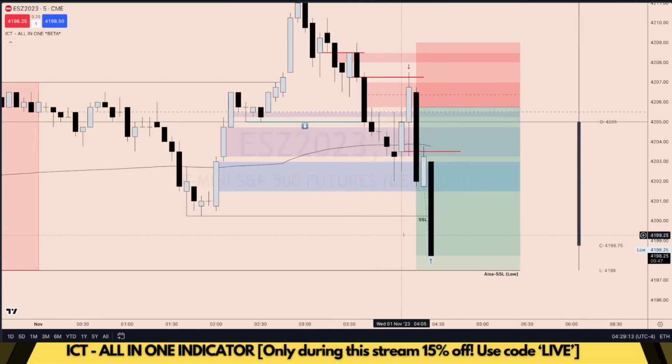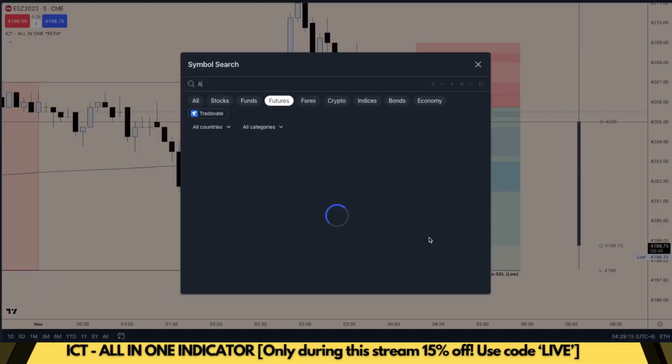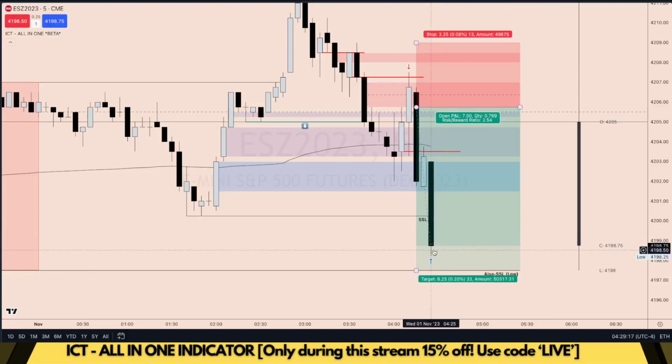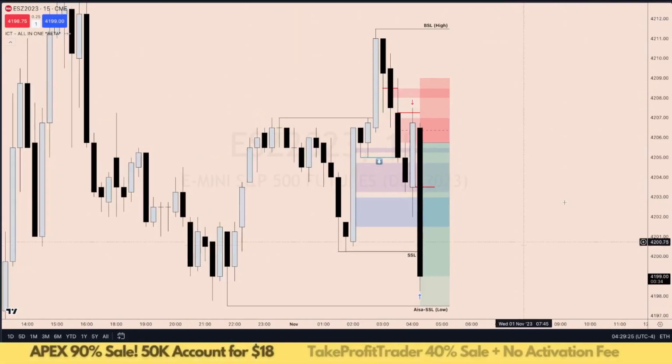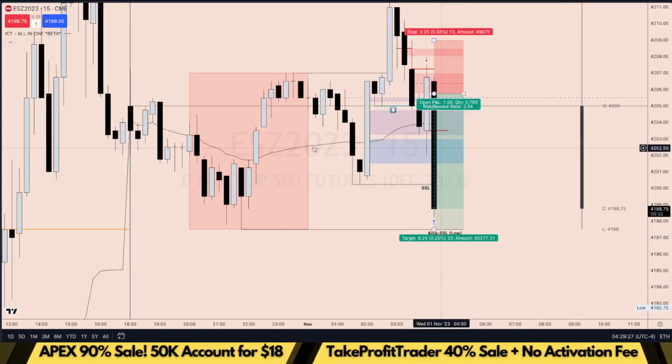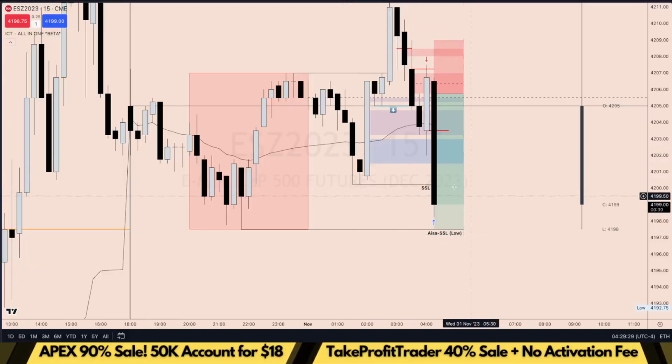What's the time? 4:25. So that's the last 5-minute candle within the next 15-minute cycle. So we will see how this 15-minute candle here closes in 30 seconds. This really would be a market structure shift now on the 15.